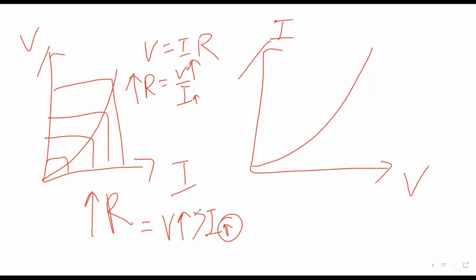This one is increasing less, this one is increasing more. Okay, then this one is obviously decreasing resistance because this time your current is increasing more than your voltage, right? Now obviously this one is decreasing.